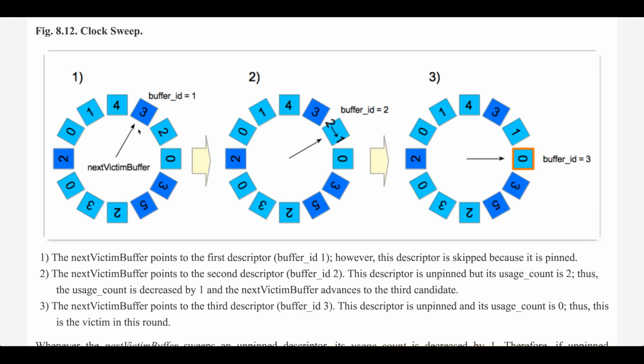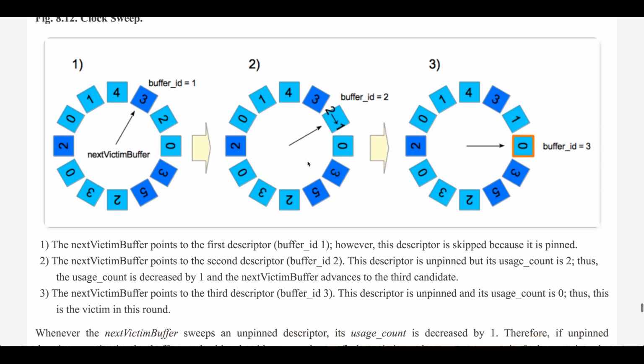However, this descriptor is skipped because it is pinned. 2. The next buffer points to the second descriptor, buffer ID 2. This descriptor is unpinned, but its usage count is 2. Thus, the usage count is decreased by 1, and the next victim buffer advances to the third candidate.